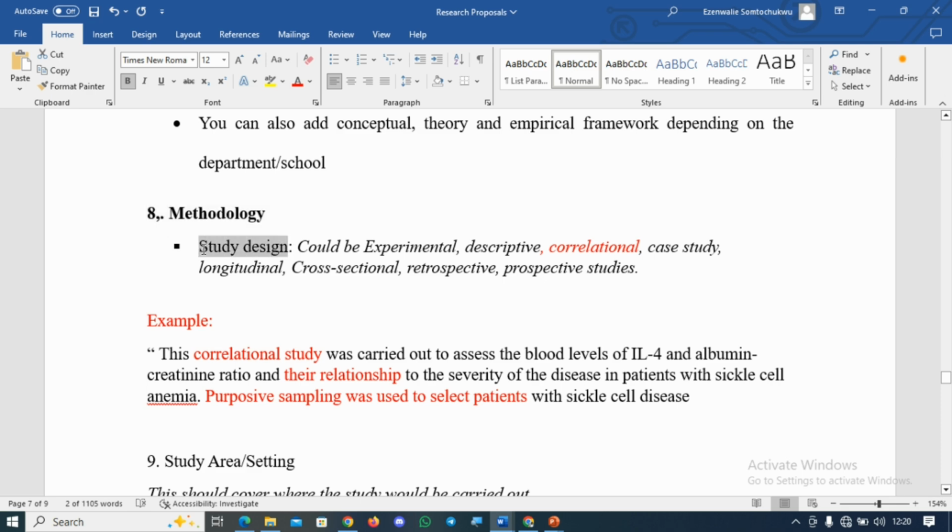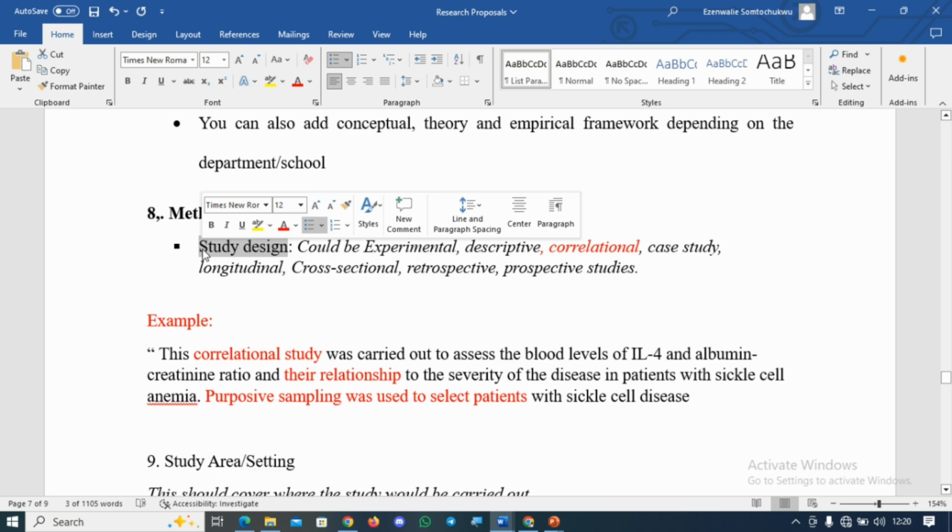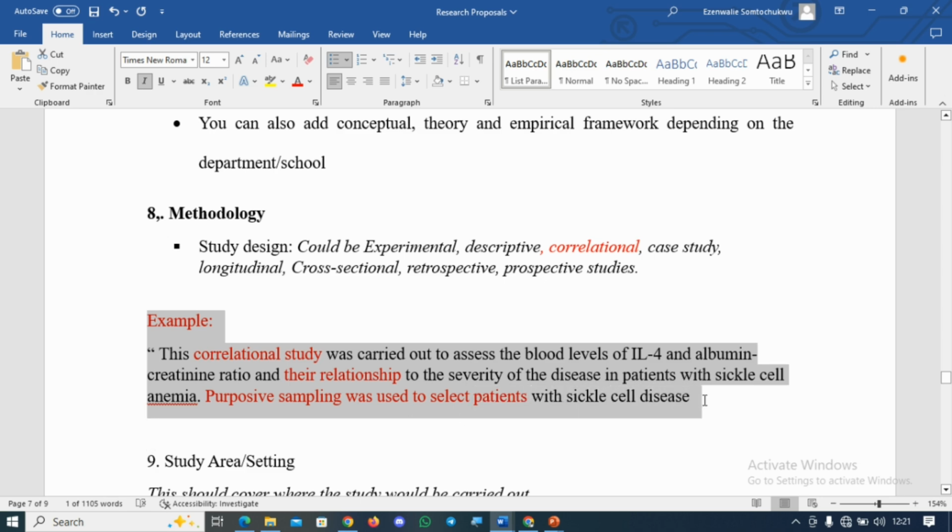It could be a retrospective study, or a prospective study. These are what you should specify in your research design. For example, this correlational study was carried out to assess the blood level of this in relation to severity in sickle cell anemia. Primarily that's what you're doing in your methodology.